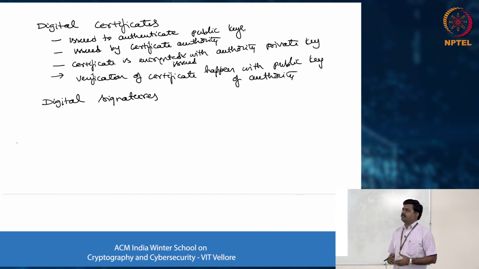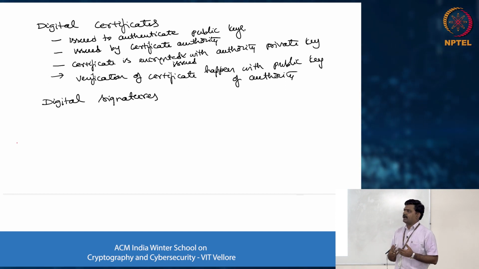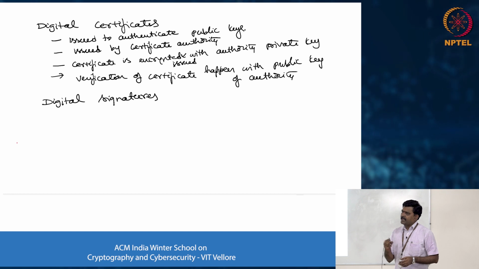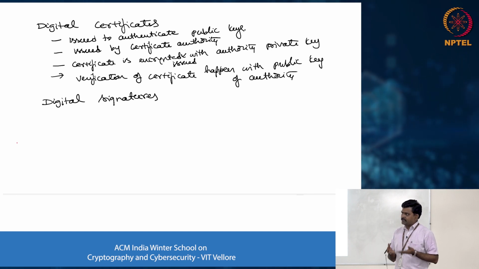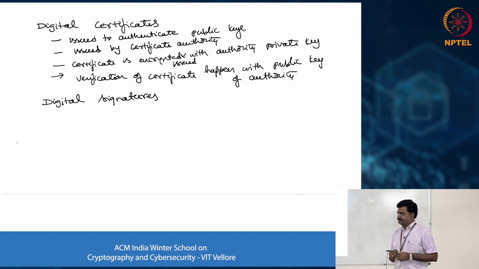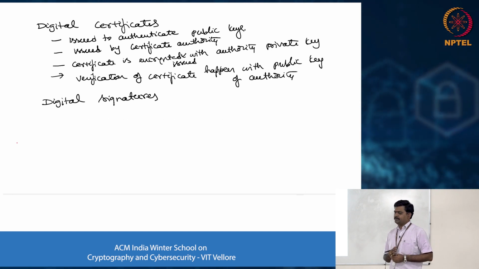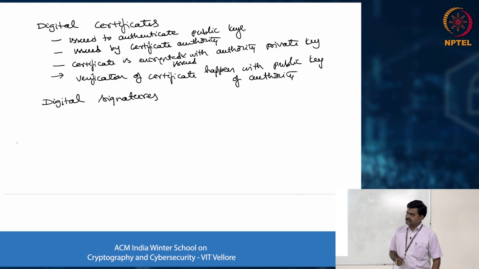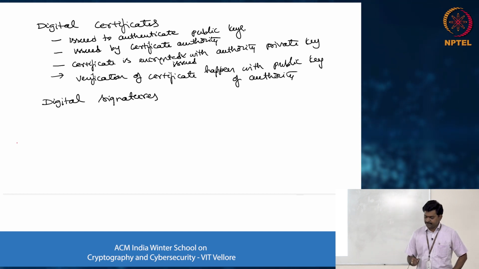Number one, when I am issuing a mail or a letter, when I write a letter, I will sign on it. That means I am saying that, look, this letter is written by me, I know the content of the message, and I am authenticating it. How do I say that? By signing. In a similar manner, you have digital signatures in the digital world.